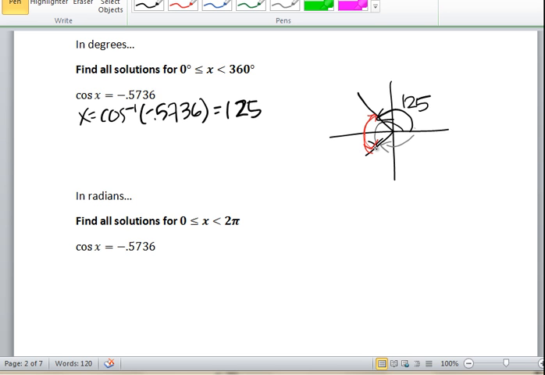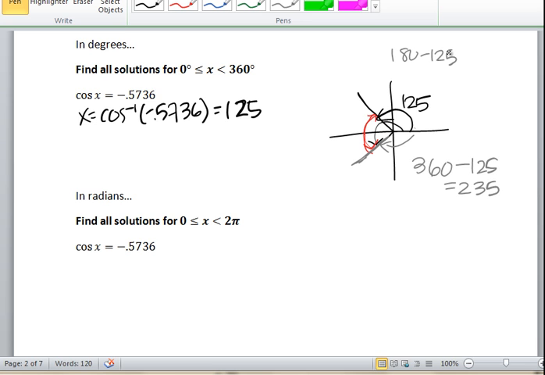And that still gets you to here. So another way you can get to this angle is 360 minus 125 to give us 235, right?